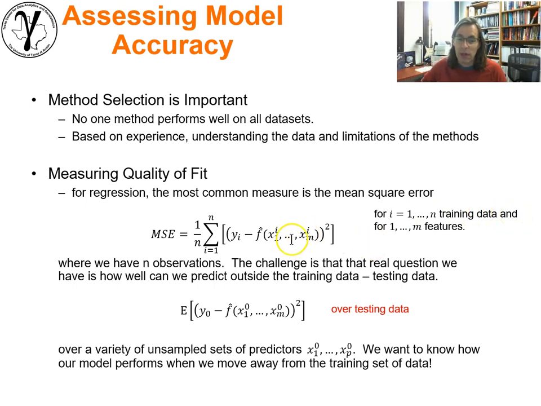And we are considering 1 through m features that we're using to predict or trying to model y. And so we can do a comparison of what we would predict with our features, with our estimated function, versus what's the actual training data, 1 through n training data.